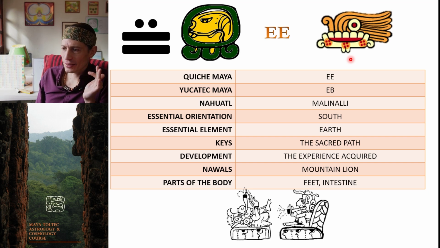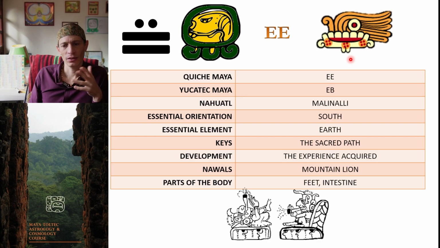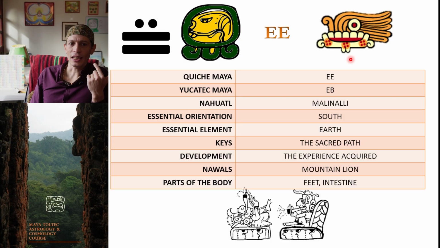So our teeth are very distinct for humans, right? Some other animals have different kinds of teeth. So that's why the tooth is important as a symbol for this sign, because it represents the human teeth. And you have to draw that.